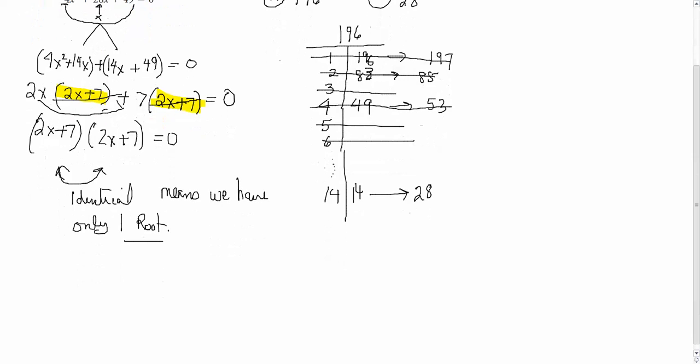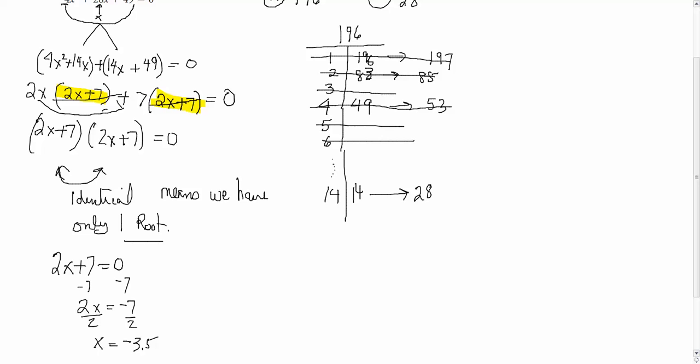We can determine that root by setting the factor 2x plus 7 equal to 0. We move the 7 across, and we do that by subtracting 7 from both sides. We're left with 2x is equal to negative 7. Divide both sides by 2, and we're left with x is equal to negative 3.5.